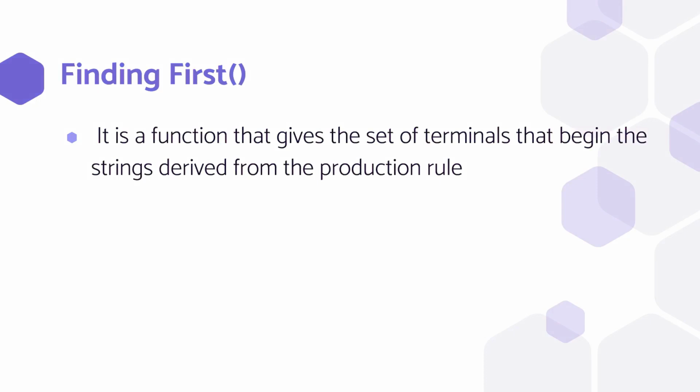Now let us discuss the first function. The first function tells us the set of terminals that begin a desired production rule. Let us take an example and understand how to find the first set.